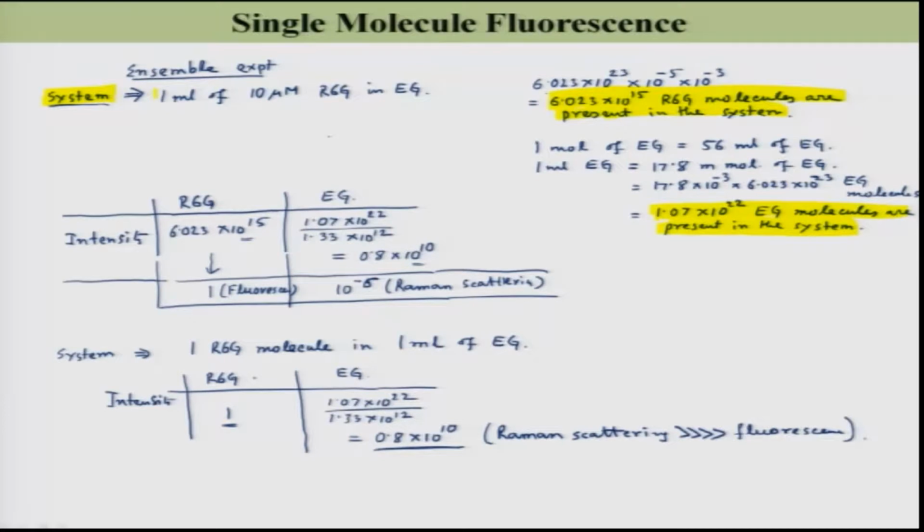Let me take my third system as one rhodamine 6G molecule in 100 femtoliter of ethylene glycol.